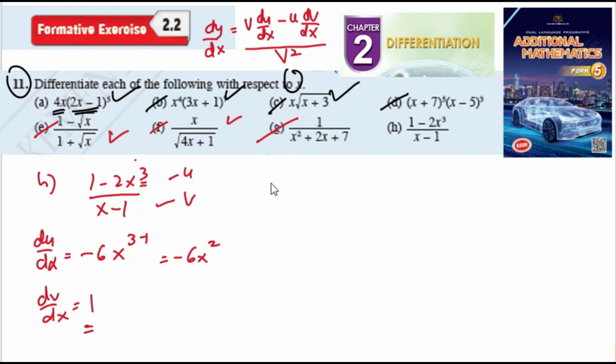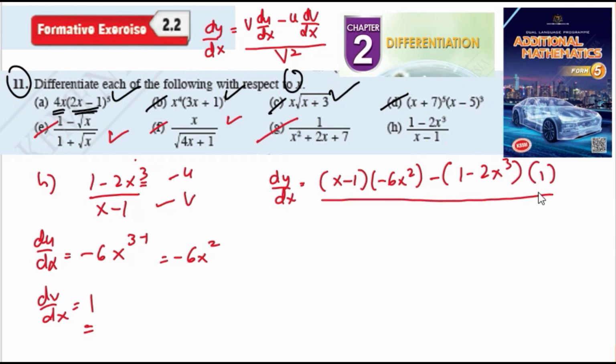So just 1. So dy over dx is equal to v times du over dx, which is x minus 1 times negative 6x squared, minus u, which is 1 minus 2x cubed, times dv over dx, which is equal to 1.